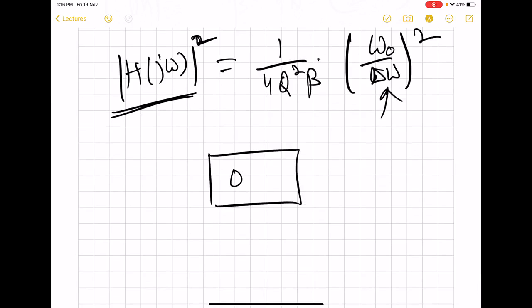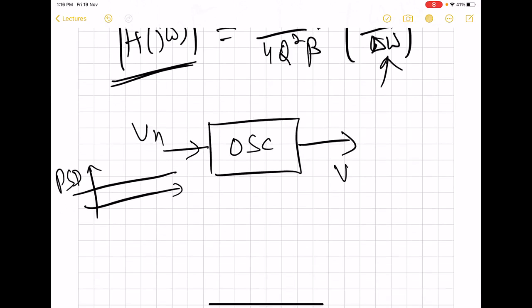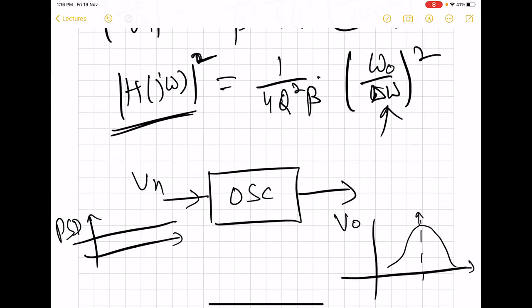If we have an oscillator and we are feeding a noise with a power spectral density of a white noise, then the output is going to have a power spectral density of this form. We say that the oscillator is basically shaping the power spectral density of the noise. And this profile, you can see, will be dictated by delta omega square.